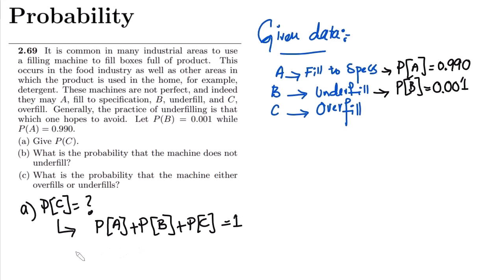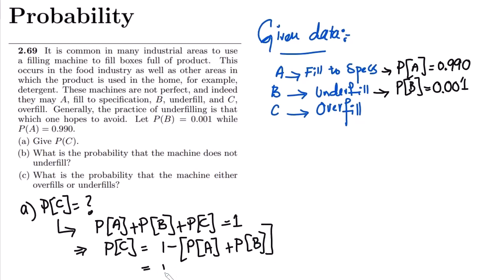Okay, so using this formula, in order to find P of C, I can have probability of C is equal to 1 minus the probability of A plus probability of B. Now putting values here, I will get 1 minus, this probability is 0.990 plus this probability of B, that is 0.001.